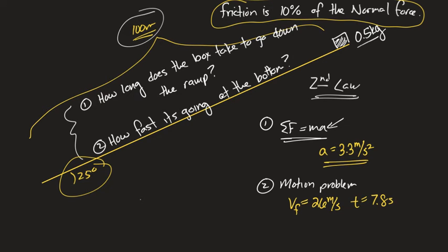The only difference between this problem and what's on your test is I would use the words coefficient of friction. So if I said the coefficient of friction is 0.1, that's saying that friction is 10% of the normal force. Many people think this looks easier, but I'm letting you know it's saying the same thing.